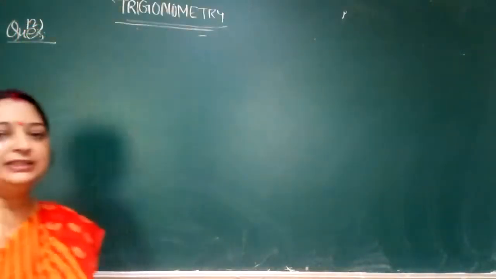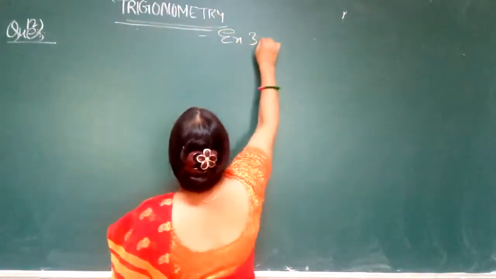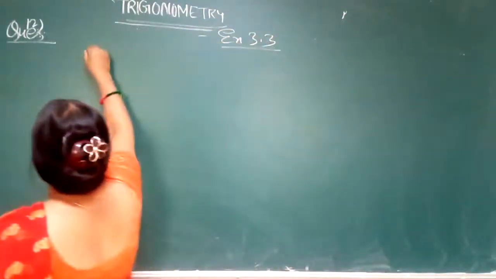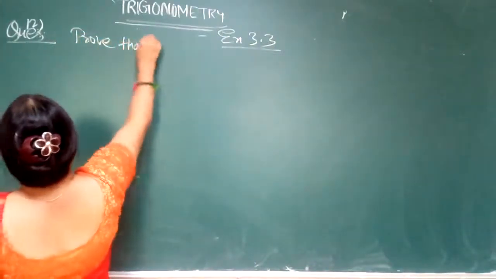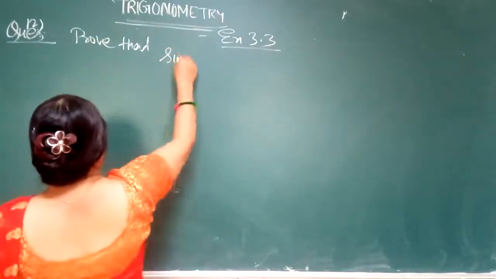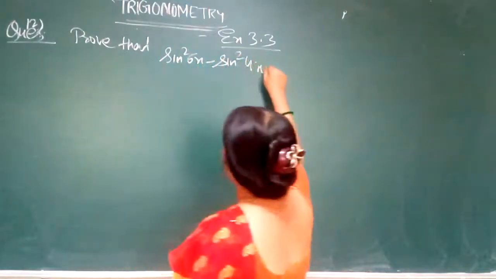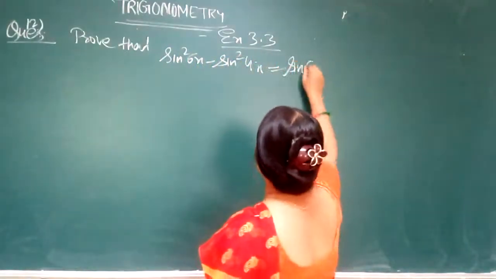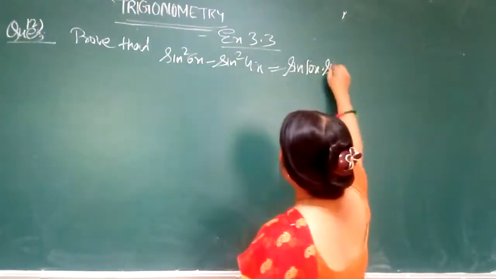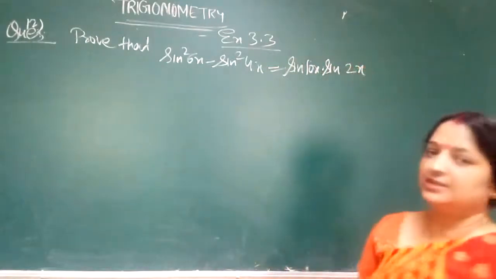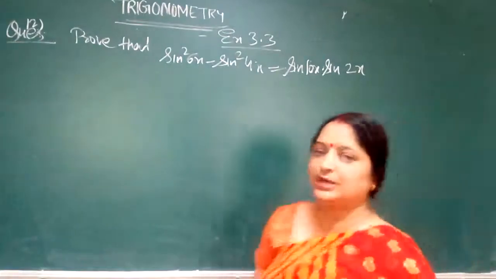The question number 12 in exercise 3.3 is: prove that sine square 6x minus sine square 4x is equal to sine 10x into sine 2x. Now in this question you have to prove that LHS is equal to RHS.